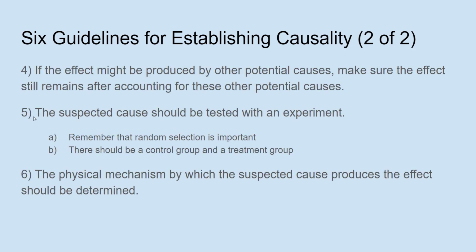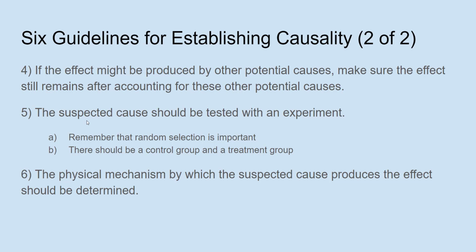For number 5, when possible, the suspected cause should be tested with an experiment. Random sampling is vital in a well-developed experiment, and there should be a control group and a treatment group in such an experiment. Lastly, the physical mechanism by which the suspected cause produces the effect should be determined.